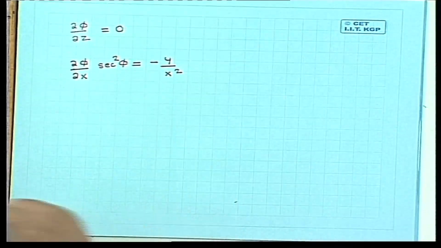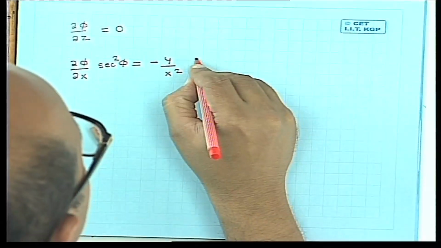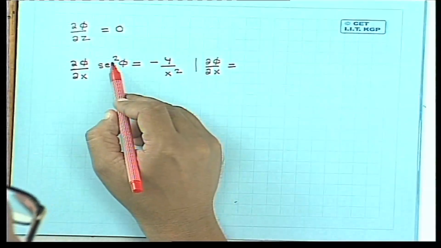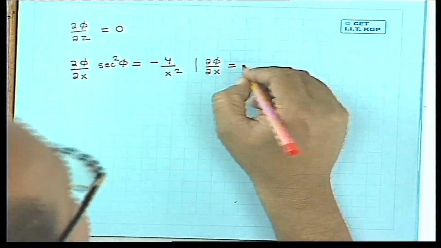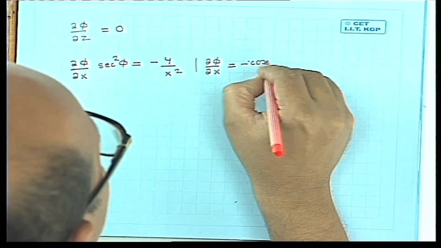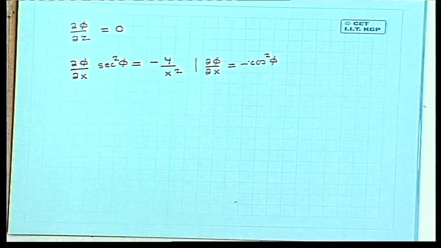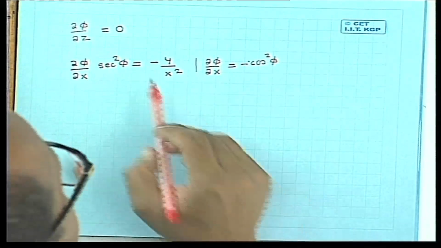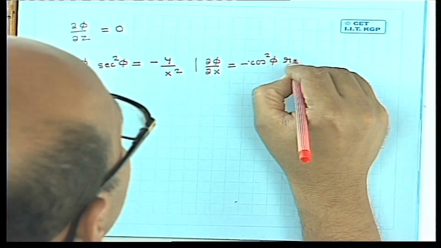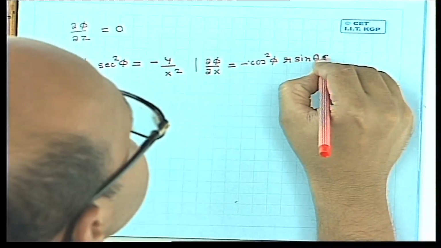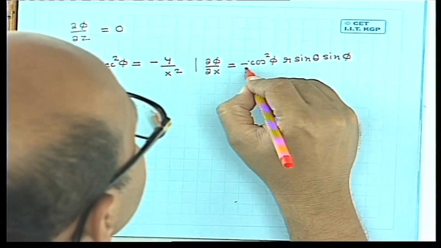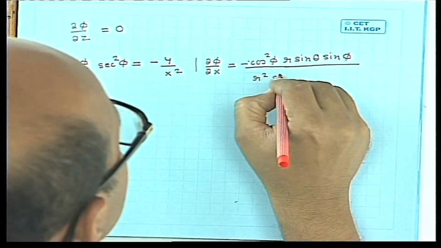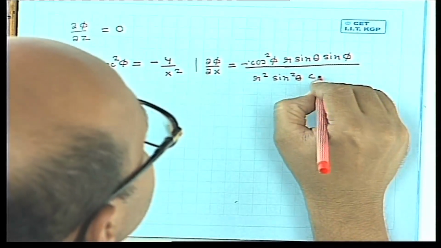Now, let us express this whole thing in terms of angles. So, what we have is del phi del x is equal to, if I take the 1 by cos squared phi to that side, then I will have a minus cos square phi, and y is equal to r sin theta sin phi, and in the denominator I have r squared sin square theta cos square phi.